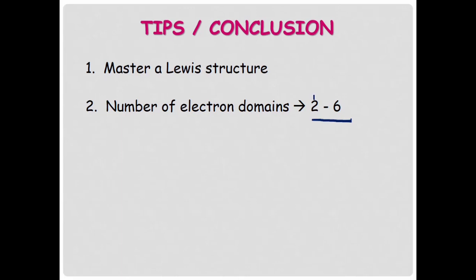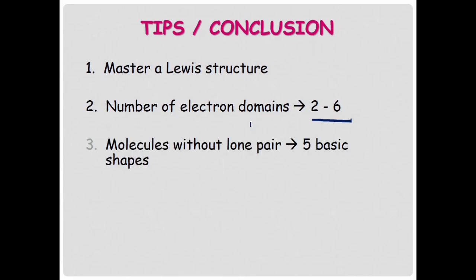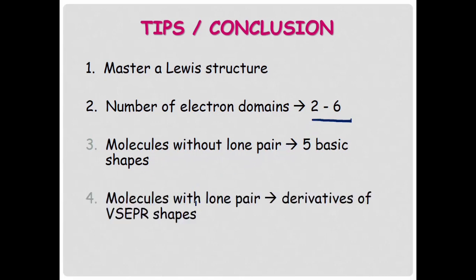If we have 2, the molecule is linear, and with 6, of course the shape is octahedral. Number 3 is molecules without lone pairs. They are in one of the 5 basic shapes, whether linear, tetrahedral, octahedral, and so on.